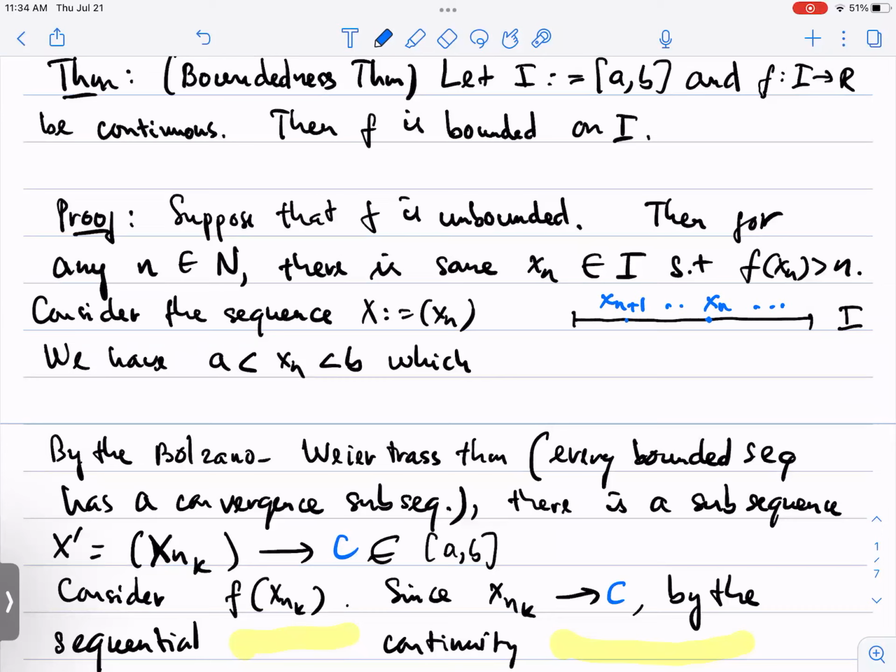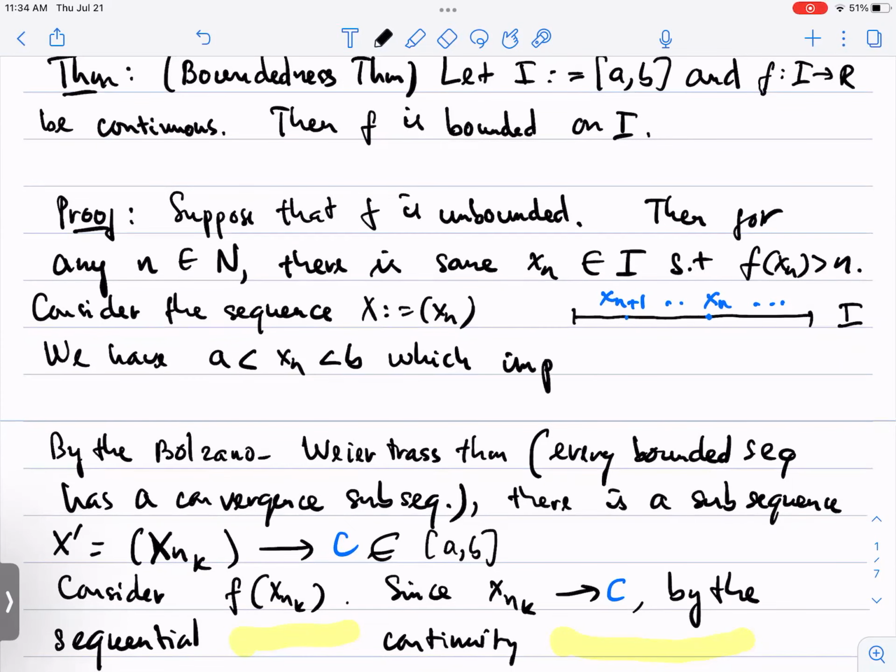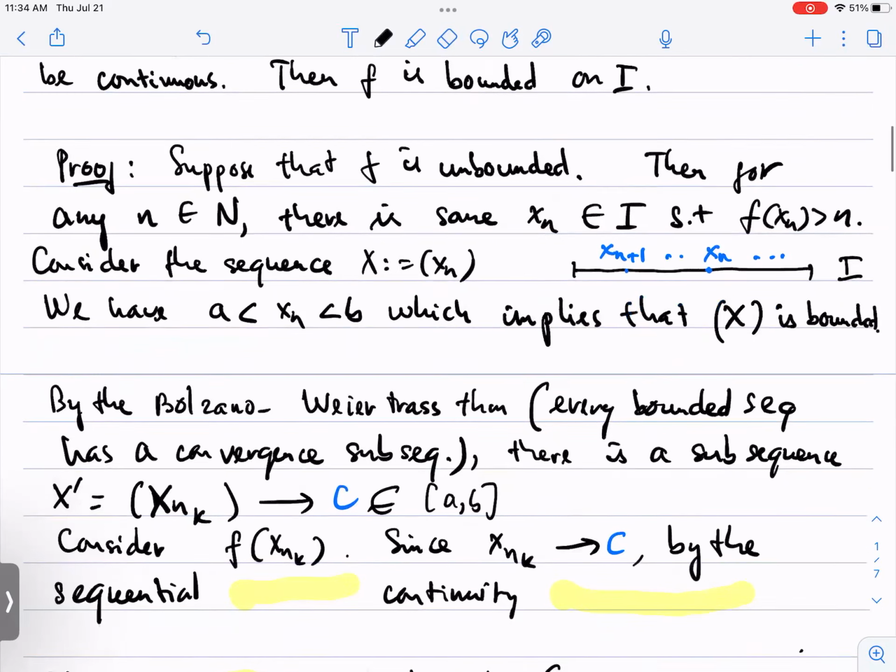We have each xn inside the interval, that is, A smaller than xn smaller than B, which implies that the sequence is bounded. Each element in the sequence is between A and B. That's why the sequence is bounded.